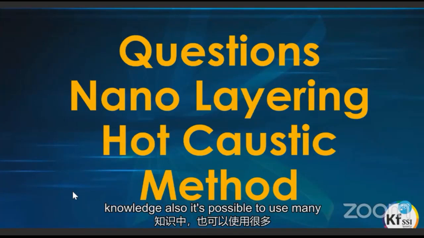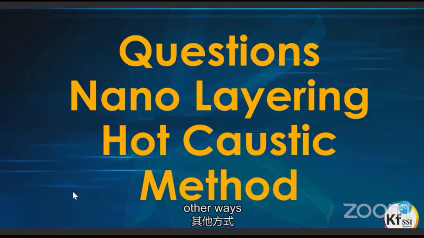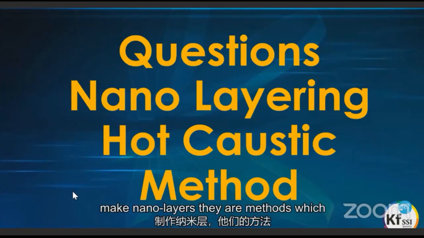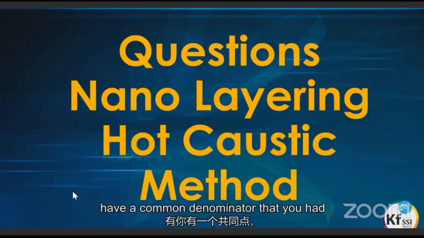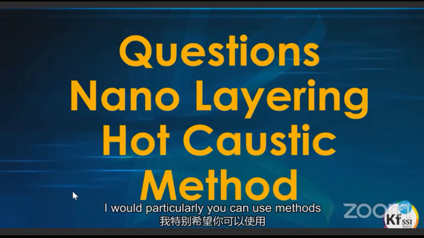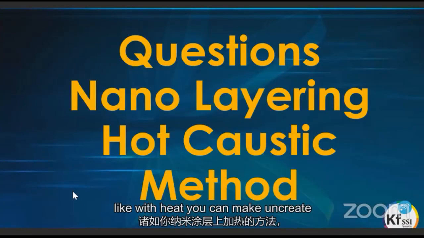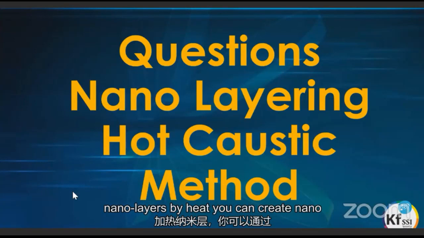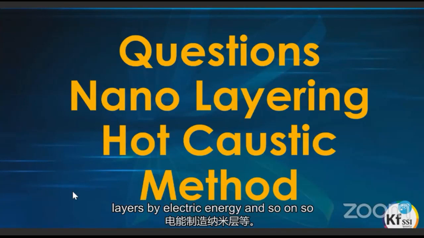Also, it's possible to use many other ways to make nanolayers, and there are methods which have a common denominator: you add extra energy to the atoms of the surface. You can create nanolayers by heat. You can create nanolayers by electric energy and so on.